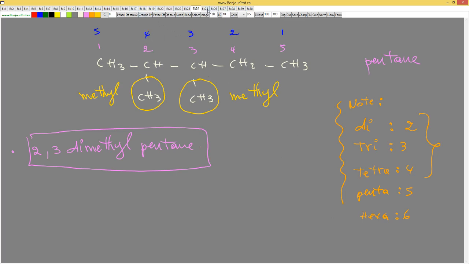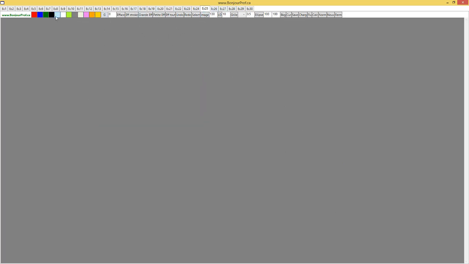Okay. Other example now. Say I have this molecule. Example 3.